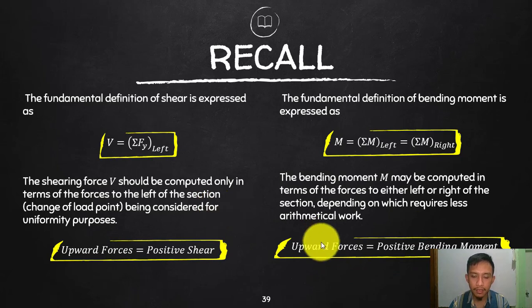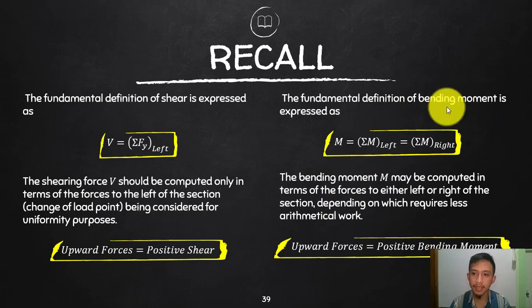If you are considering the left side, upward forces will make a clockwise moment, so that is positive. On the right side, upward forces will make a counterclockwise moment, which is positive.